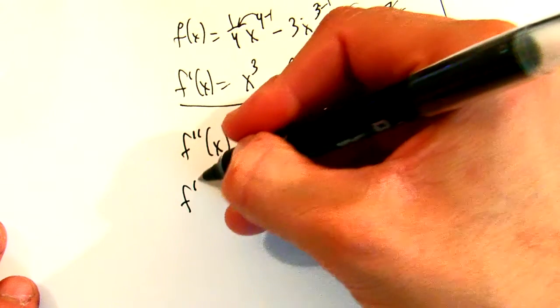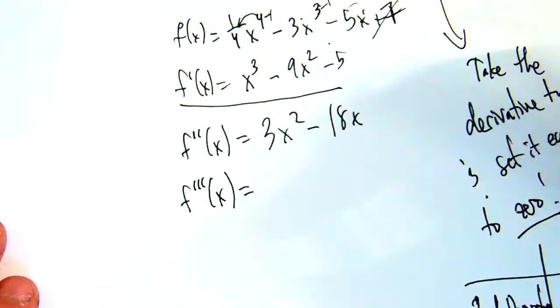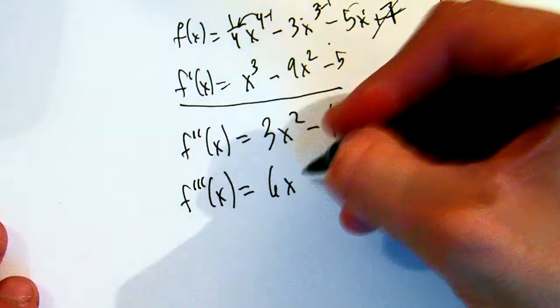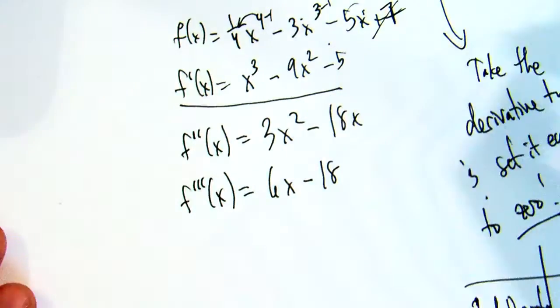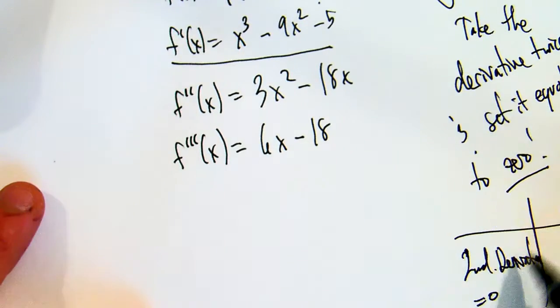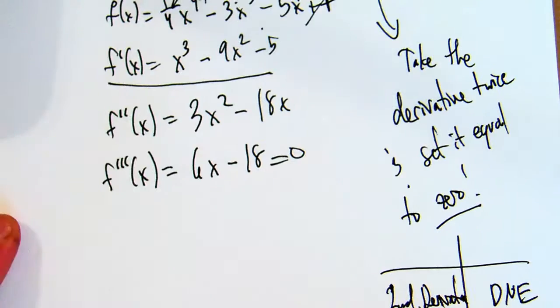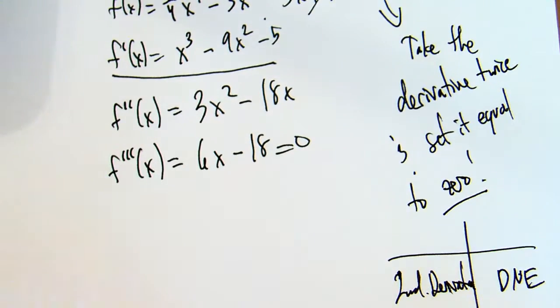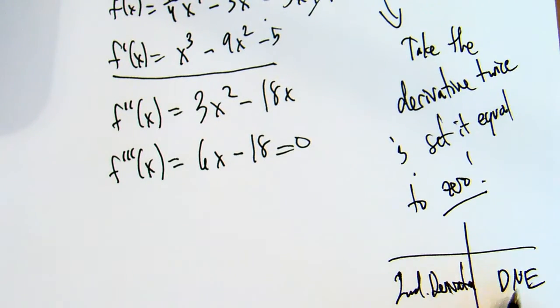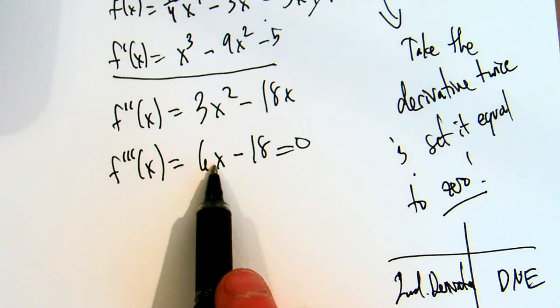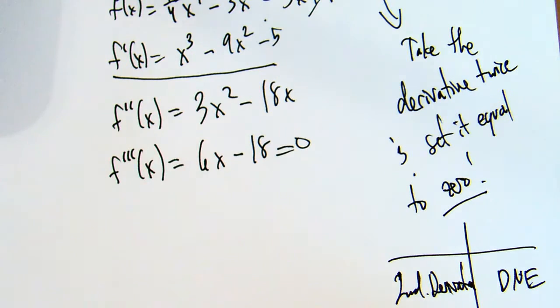Now let's find f triple prime. And this is 6x minus 18. Now we're going to set it equal to 0, because if you notice, there's no value of x for which the second derivative of f prime will give me a non-existent value.